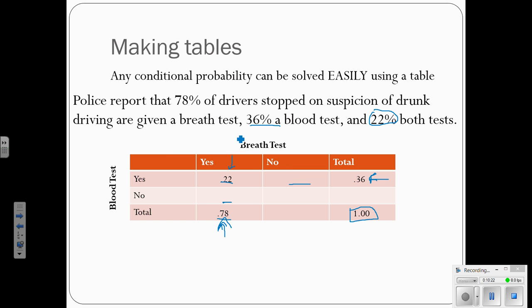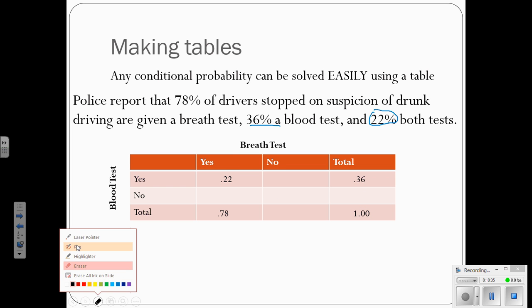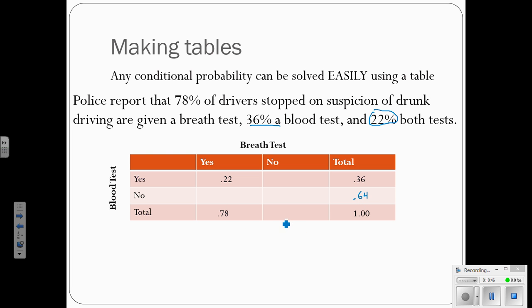And if you want to think about this for just a minute too, if we start here and use our brain a little bit, if 36% of people were given a blood test, that means 64% of people did not receive a blood test. If 78% of people got a breath test, that means 22% of people did not get a breath test. Now we can start filling in the gaps.